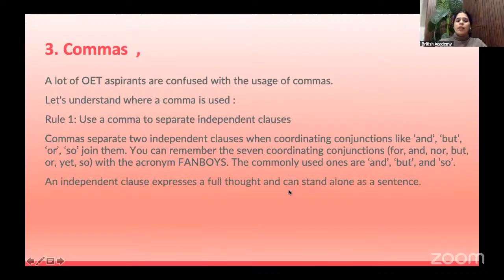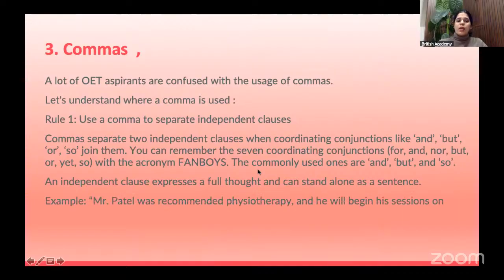Here we use a conjunction and then a comma to separate it. For example, Mr. Patel was recommended physiotherapy, comma, and he will begin his sessions on Friday. In this sentence, you are expressing a full thought and it can stand alone as a sentence.